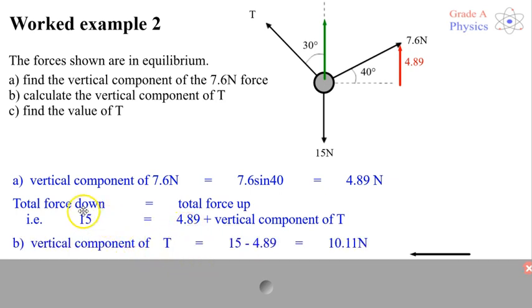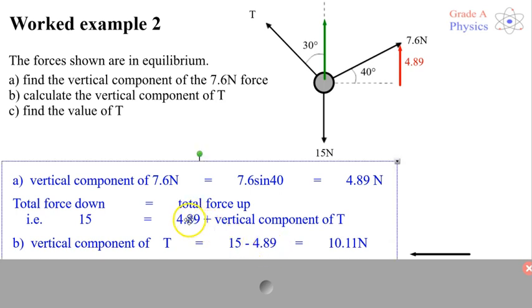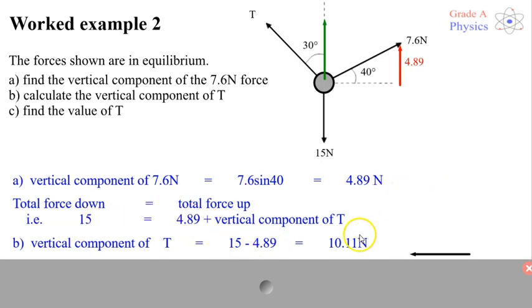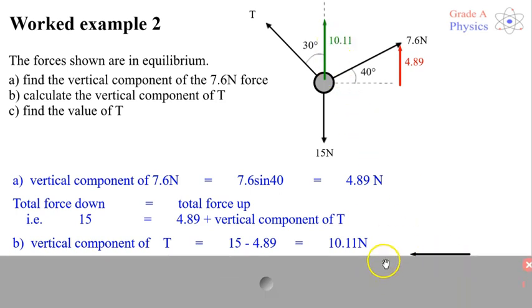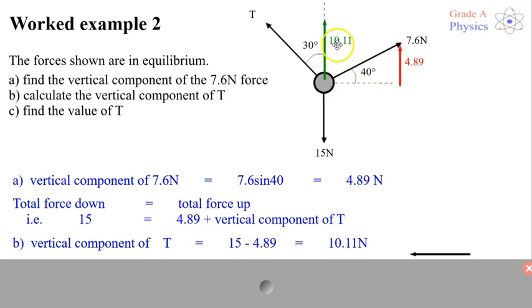So the total force down is 15, total force up, 4.89 plus the vertical component of T. So all we need to do is subtract 4.89 from the 15 and we get 10.11. So 10.11 plus 4.89 is 15 newtons in total acting upwards, which is balanced by the 15 newtons acting downwards. Brilliant.